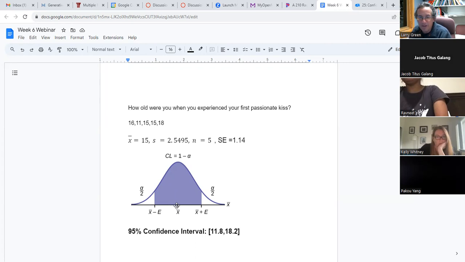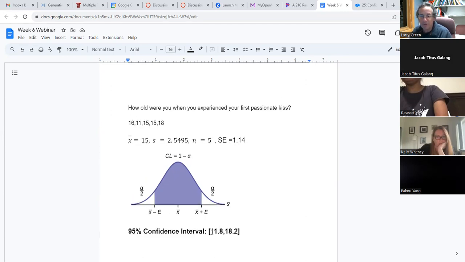The margin of error, by definition, is the distance from x bar to the edge of the confidence interval, or p hat to the edge of the confidence interval, depending on what you're doing. Does that make sense? That's called the margin of error, and in our class, we use capital E for margin of error.